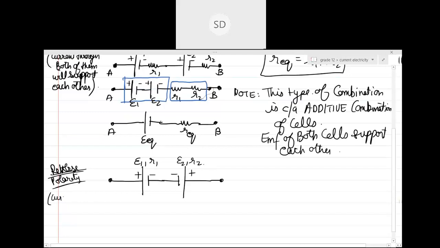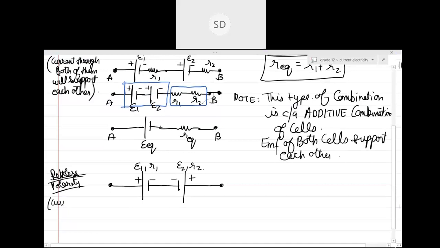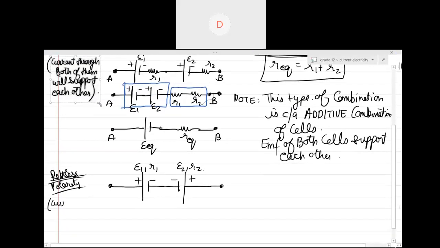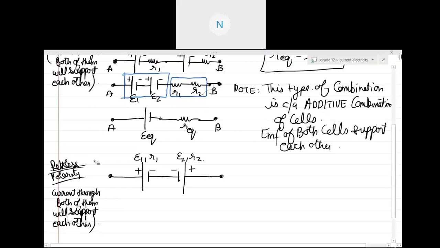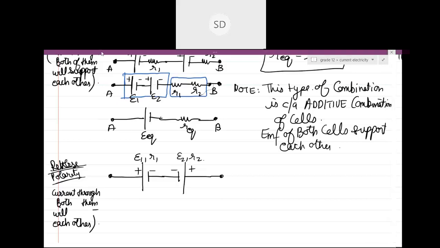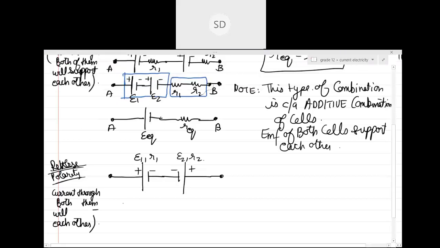The current through both of them will be against each other.